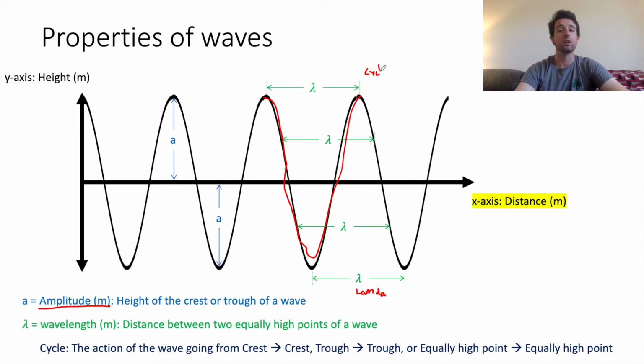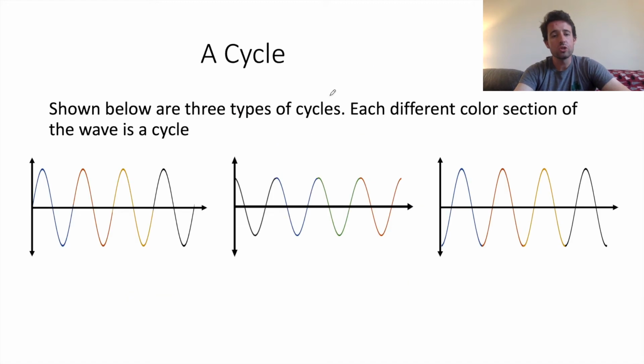So on the next slide here, I've got more information about cycles, more visuals about cycles. What you'll see here is three different graphs. It's the same wave, it's just shown a little bit differently. In this first wave, it's a different type of cycle.